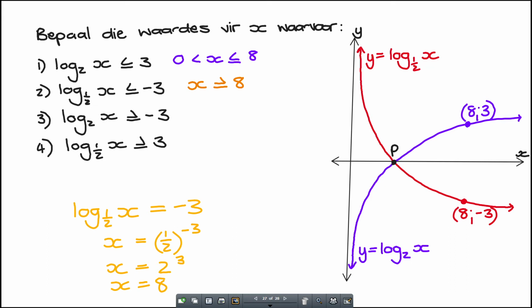Try number 3 and 4. Kan ek maar hierdie geel uitvee, want ek gaan hom nou weer die plek nodig hê.